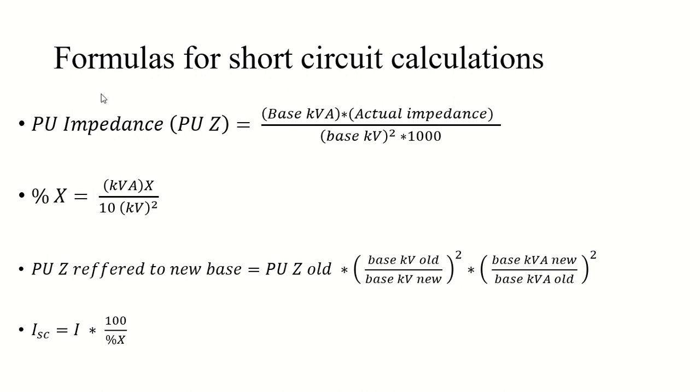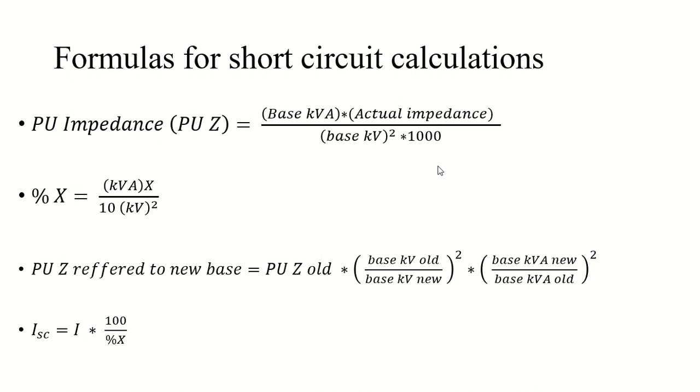Again, see the formula. In the previous one there was a mistake. I didn't mention 1000 there. I only wrote 1 because I was in a hurry. But pay attention, I have mentioned 1000 here again. So the value of per unit impedance is equal to base kVA multiplied by actual impedance divided by base kV square into 1000. Pretty much it is similar to the per unit impedance formula, if you remember, right?